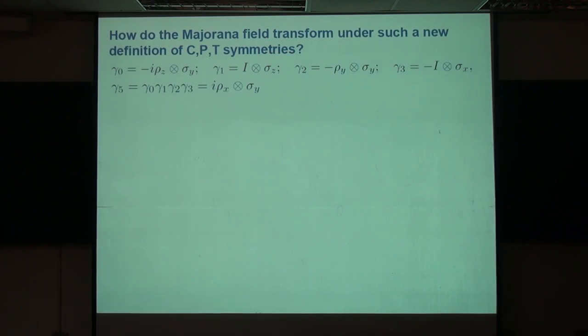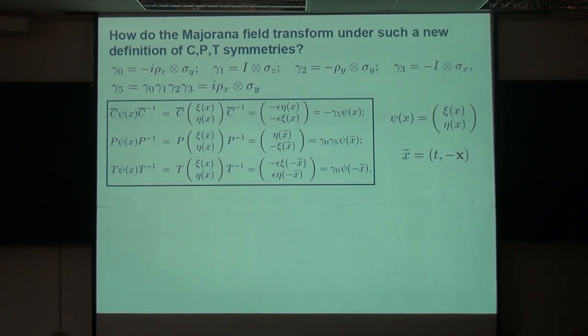But I also want to give you some intuition about why this CPT is interesting and reasonable. We can also benchmark this definition of CPT symmetry with the standard definition of CPT symmetry on Dirac fields. So we can just choose some particular gamma matrix representation here.